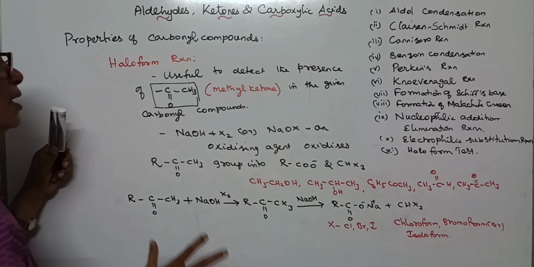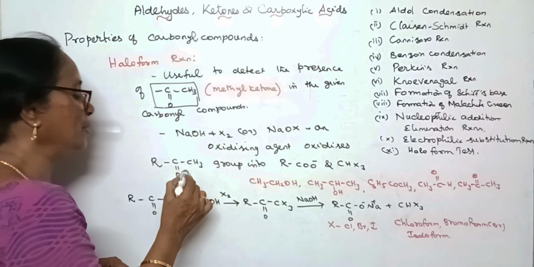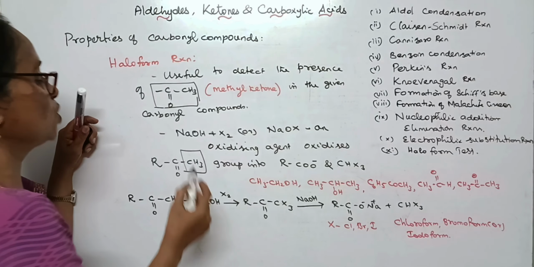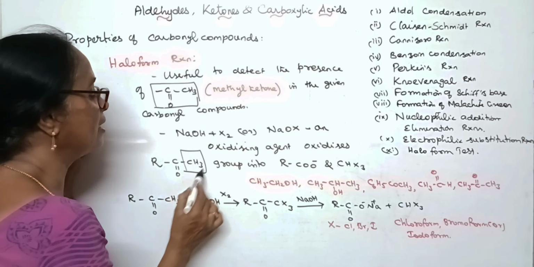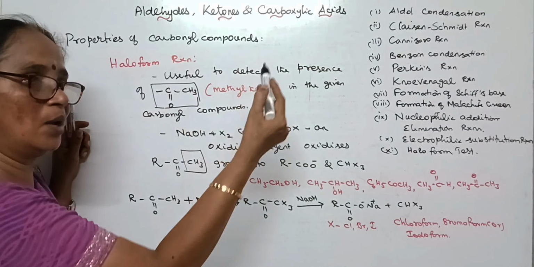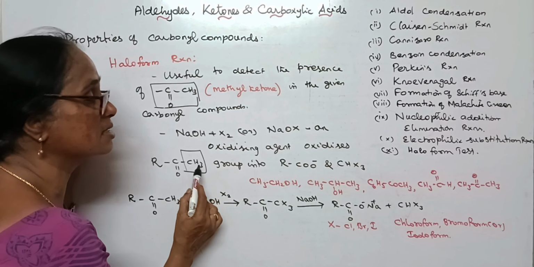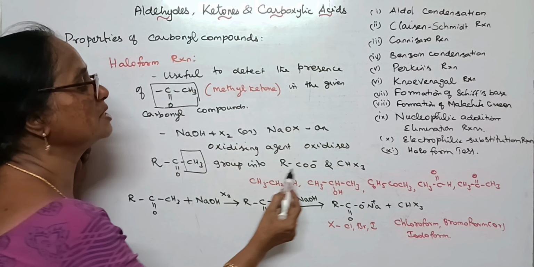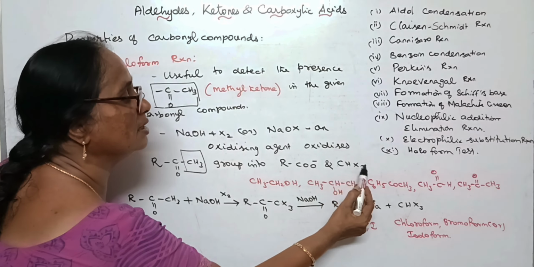First of all, the alkyl part, the methyl, gets halogenated. The methyl part has 3 hydrogen atoms. All 3 hydrogen atoms will be halogenated, so it becomes a CX3 group, followed by treatment with the base that forms the carboxylate group and the haloform.